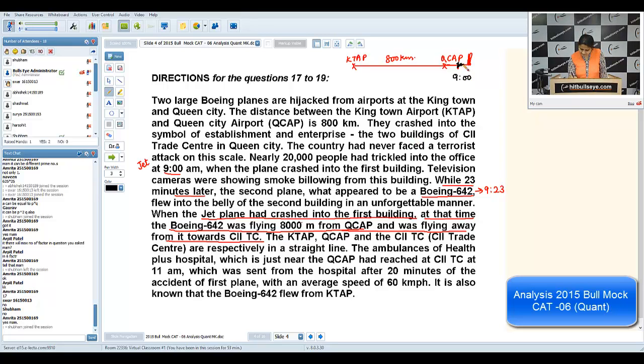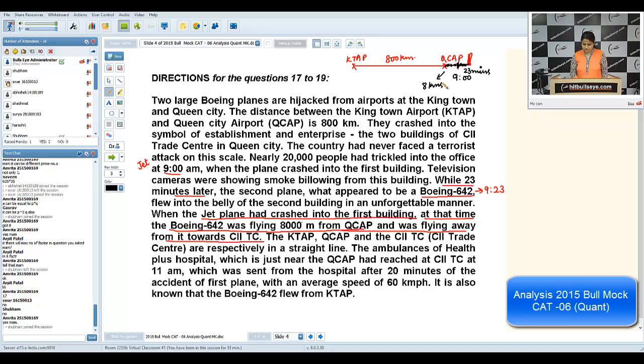And in 23 minutes, it is reaching its destination. And this distance is 8 kilometers.